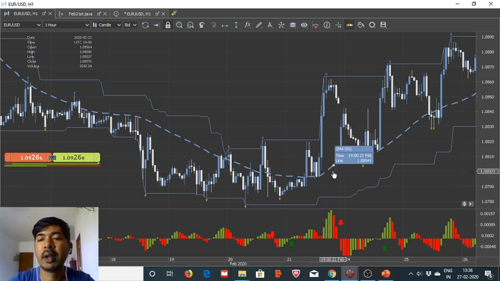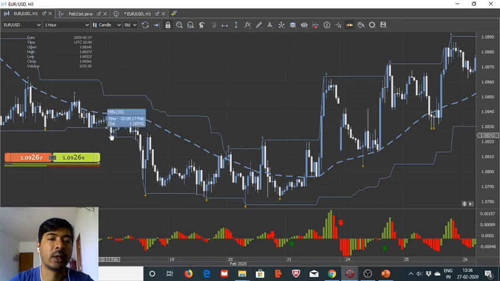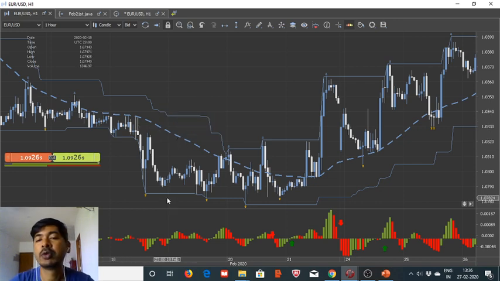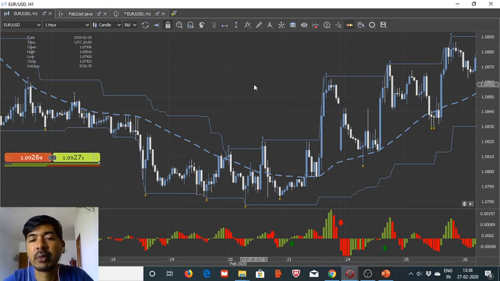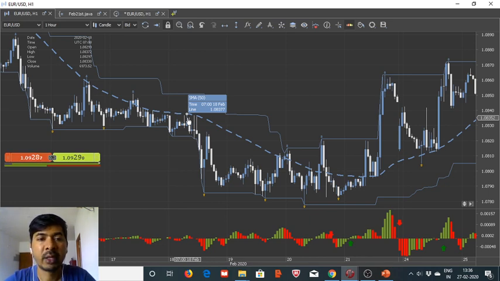So if it's a buy trade, the gap between maxima and the SMA should be more than 25 pips. If it's a sell trade, then also the difference between SMA and the minimum value should be more than 25 pips, and then the price action should be consolidating closer to the SMA, and it should be within the price band of 10 pips.